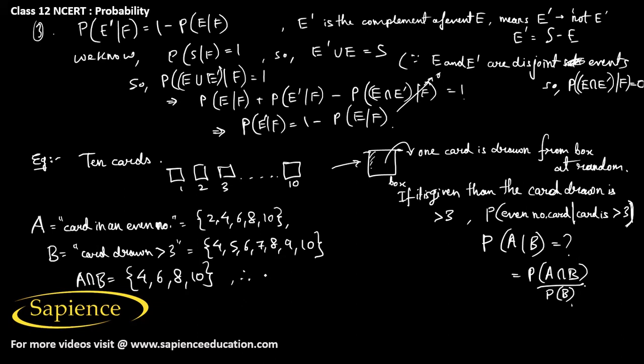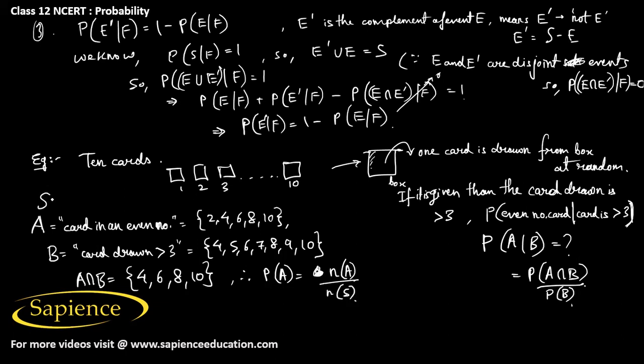So the probability of the event A is simply the number of elements in the set A divided by the number of elements in the whole sample space.